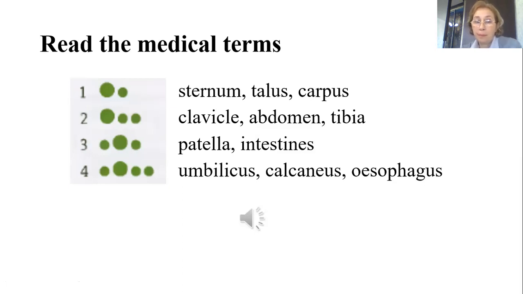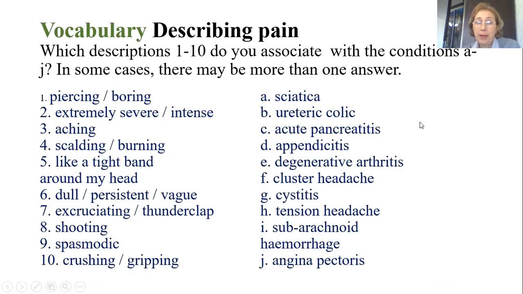In the second group, we have clavicle, abdomen, tibia. In the third group, we have patella, intestines. In the fourth group, we have umbilicus, calcaneus, esophagus. Good, perfect. Thank you. Well, just pay attention to the correct pronunciation of medical terms for parts of the body.